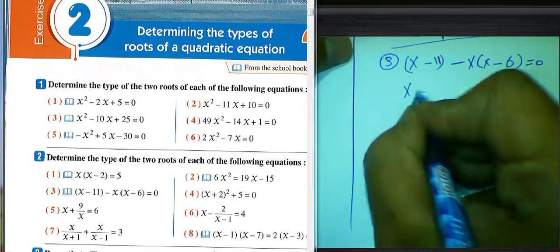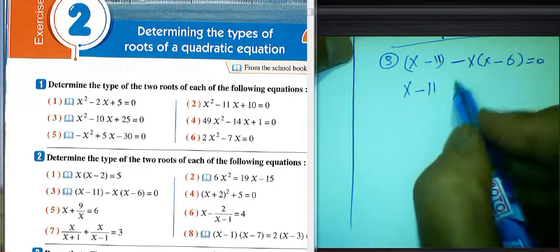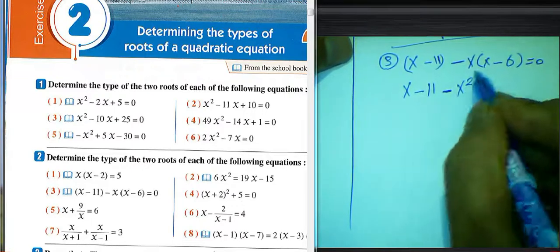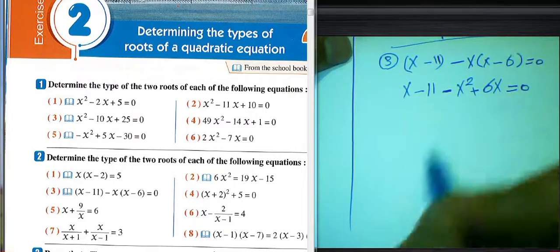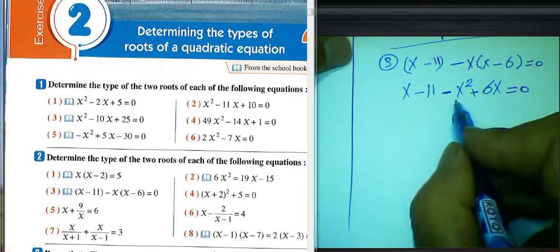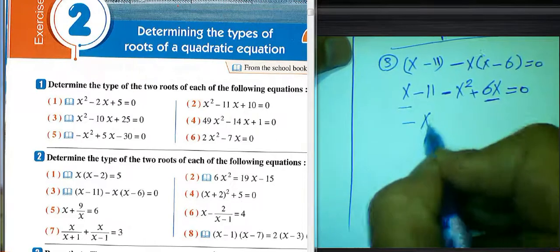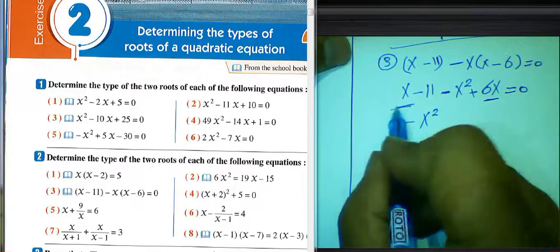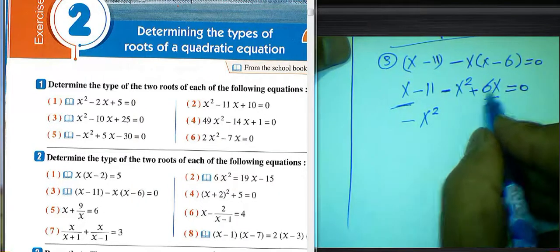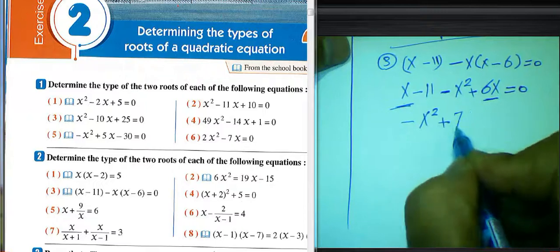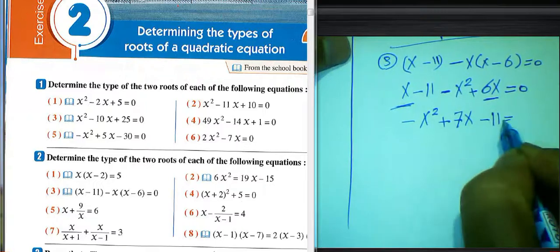We write x - 11 and distribute x to the parentheses. Negative x^2 plus 6x equals 0. So we can simplify it: write negative x^2 here, and we find x and positive 6x. The result will be 7x and negative 11 here.